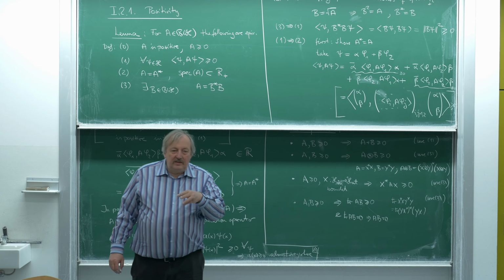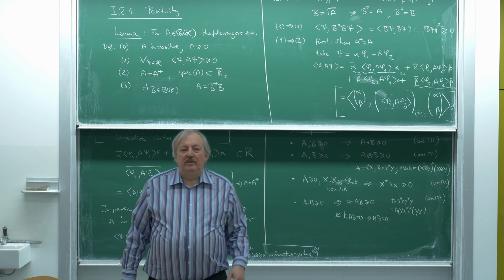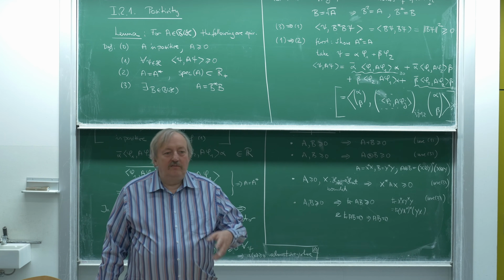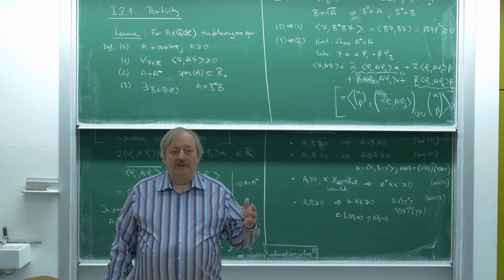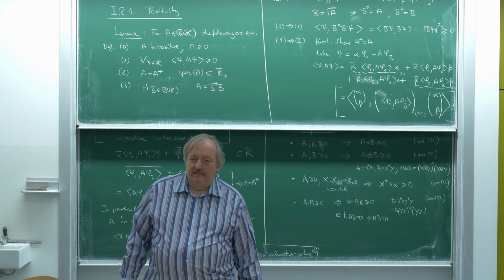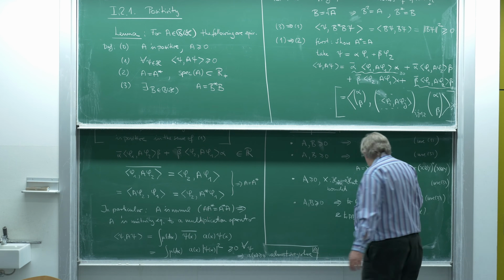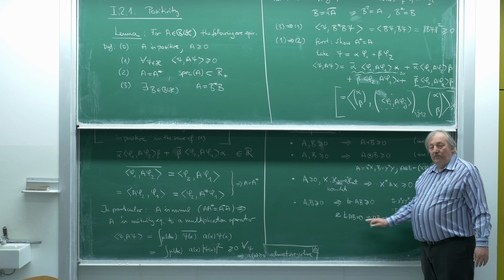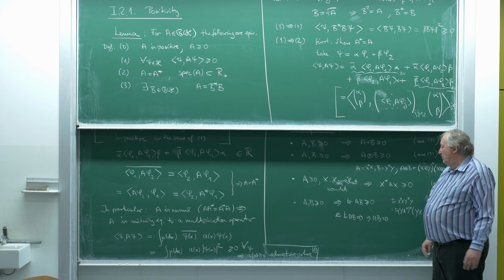So this means that x applied to any basis vector is 0. But if a bounded operator is 0 on all basis vectors, it's 0 on all the linear combinations, that is, it can only be the 0 operator. Right? So there is one point here: the trace of a positive operator can vanish only if the operator is 0.